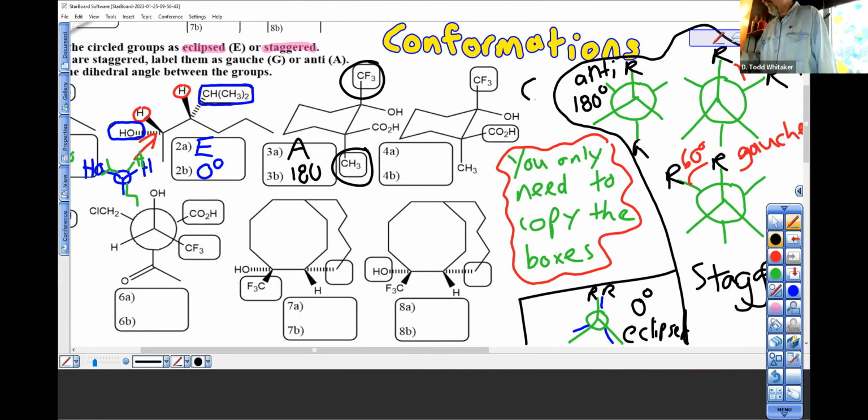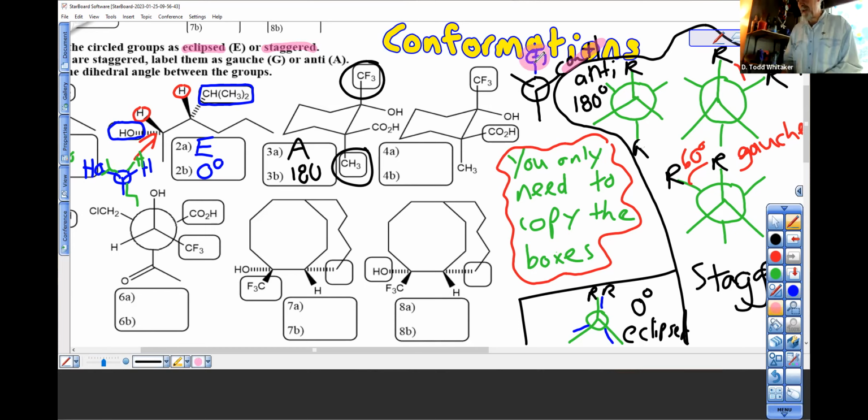This one, front carbon has this, CO2H, and a carbon. And the CO2H is circled. And back carbon has a CF3 straight up. We're comparing that to the CO2H.